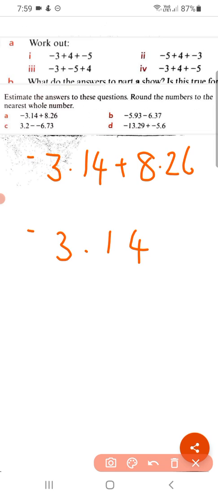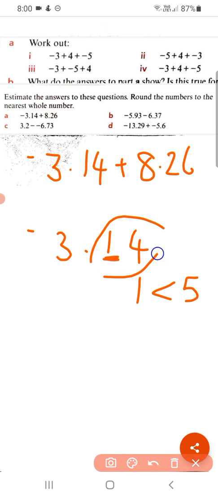Clear? So check the 10th place first. Which is the 10th place, children? 1. 1 is less than 5. So we have to remove this part. So our final answer is negative 3.